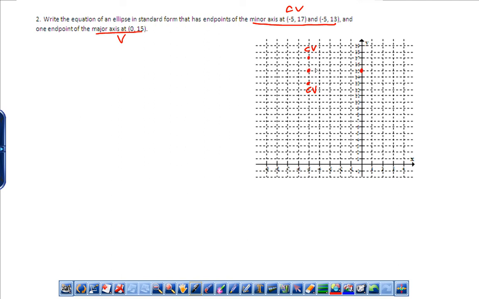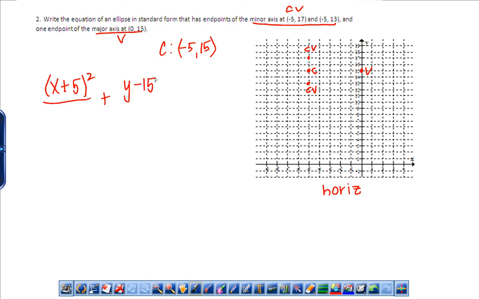So it looks like here is your center at (-5, 15). And if this is your vertex, then it looks like we have a horizontal. So writing this out, let's say (x plus 5) quantity squared, (y minus 15) quantity squared, is equal to 1.